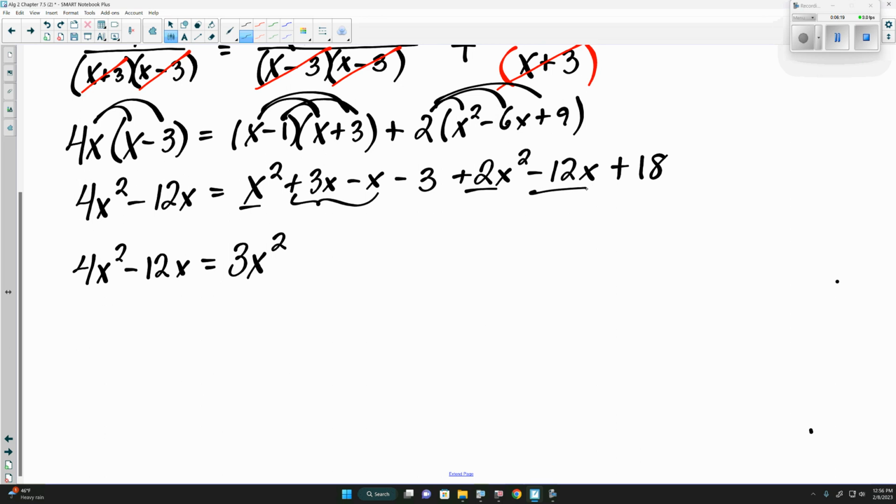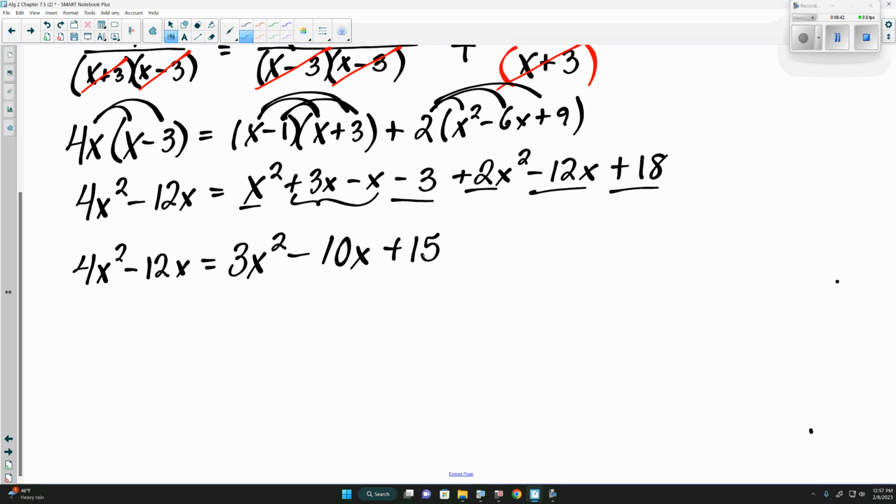And positive 2x minus 12x is negative 10x, because 3 minus 1 is 2, minus 12 is negative 10. And lastly, negative 3 plus 18 is going to be plus 15.